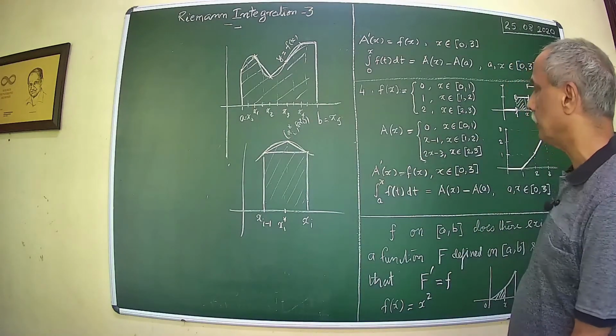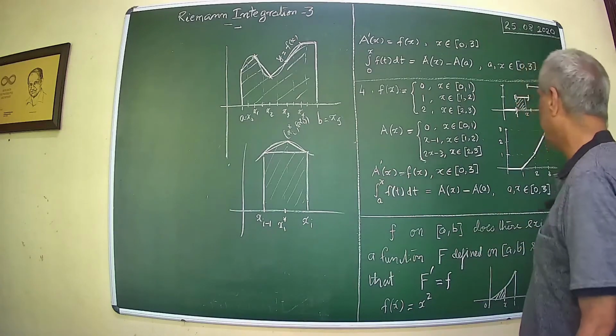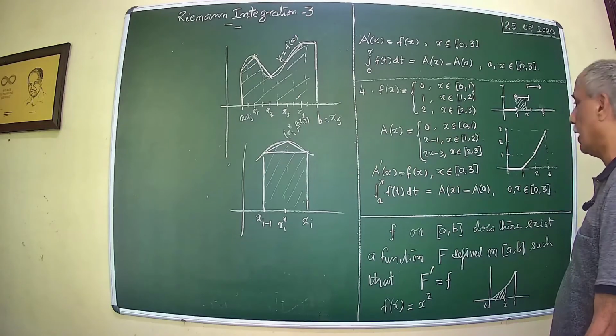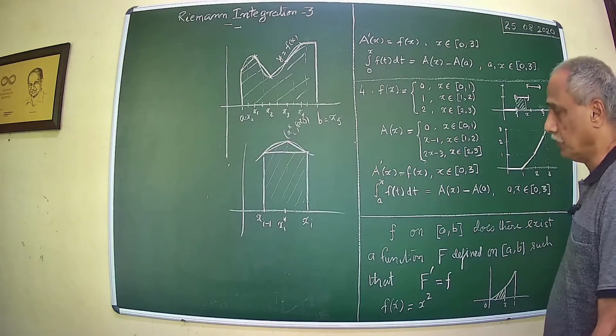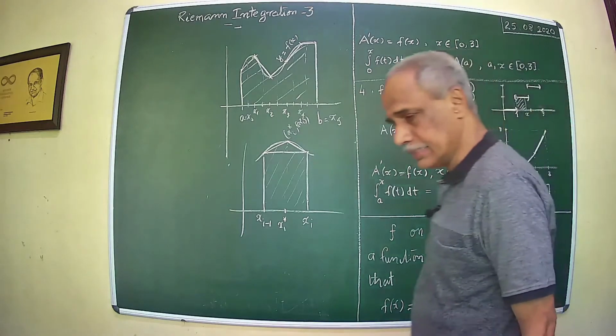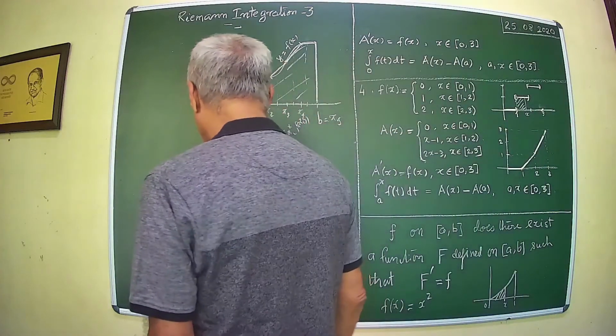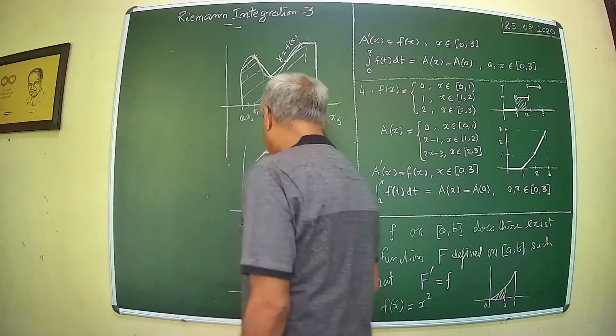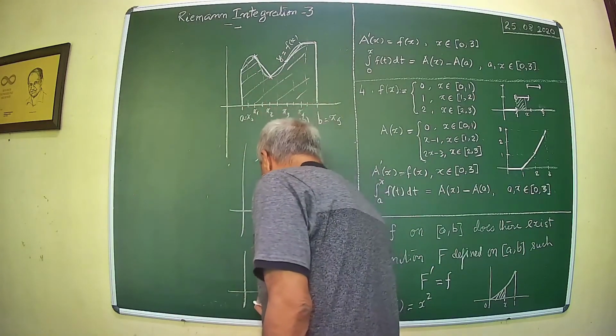In example 4, what did we do? We tried to introduce what are called step functions. Let me tell you what we can do in this case. So once again, let me take up the interval x(i-1) to x(i).